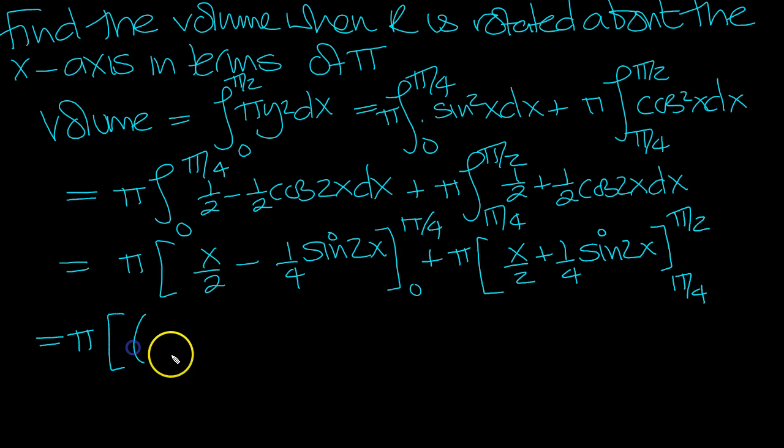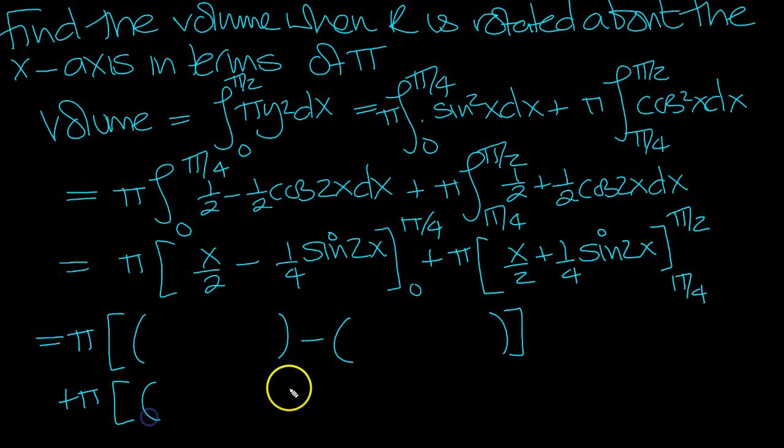Now top value, take bottom value for the first one, plus this pi, and then we do top value, take bottom value. So I've left plenty of room. Put pi over 4 in here, we get pi over 8, minus, and then it's sine pi over 2, 2 lots of pi over 4 is pi over 2, sine pi over 2 is 1, so it's minus 1/4.